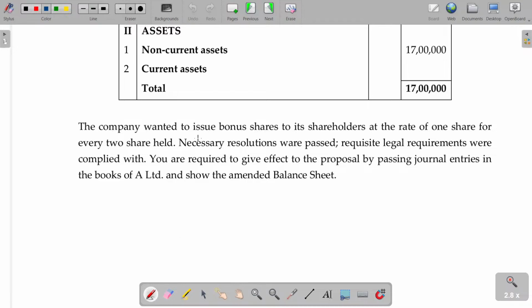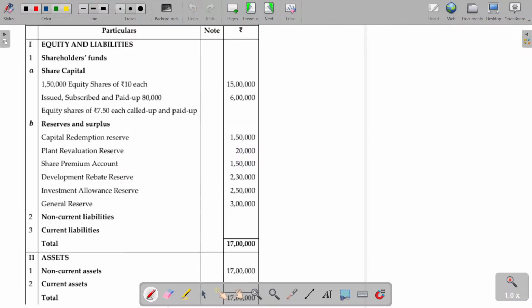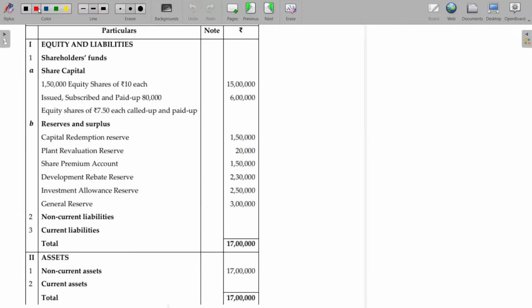The company wanted to issue bonus share to its shareholders at the rate of 1 share for every 2 shares held. Necessary resolutions were passed, requisite legal requirements were complied with, you are required to give the effect of the proposed bonus issue. Come on, tell me.